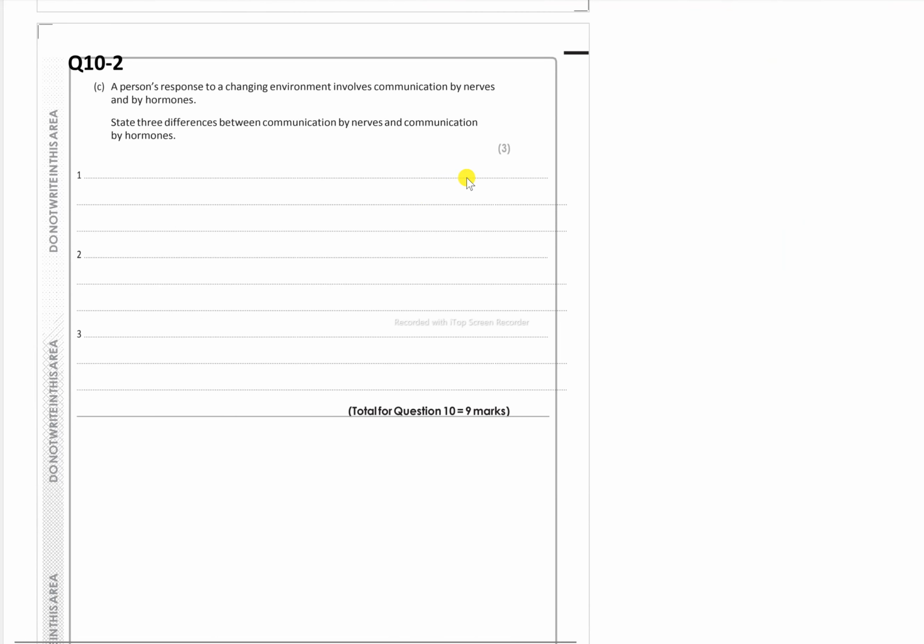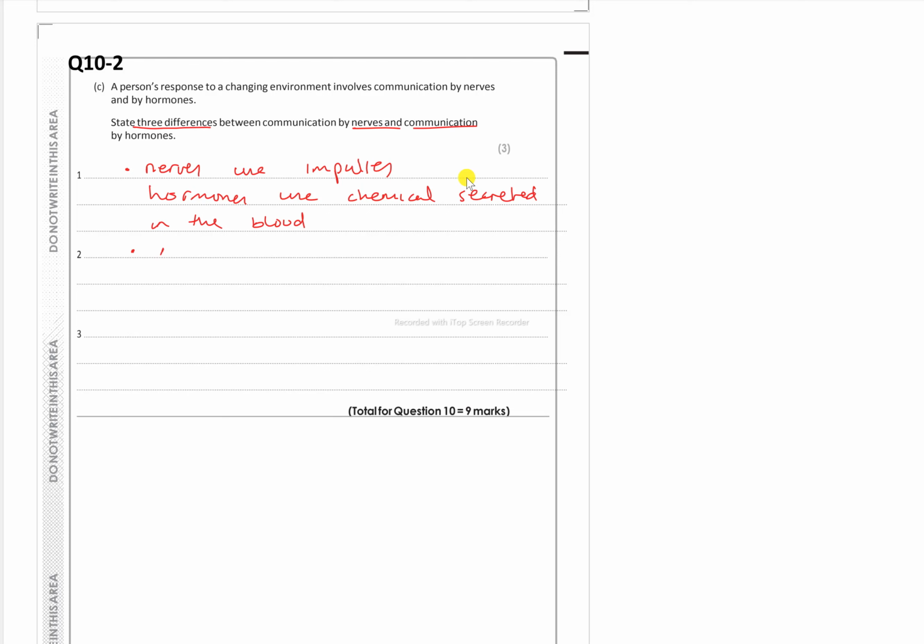Right, we've done this before where you're stating differences between nerves and hormones, and so we said that the nerves use impulses and the hormones use chemicals secreted in the blood. The nerves are quicker.